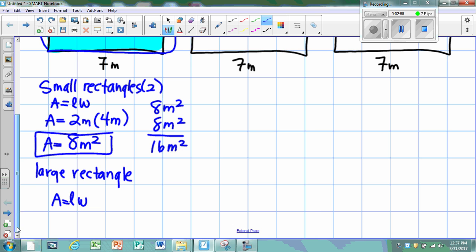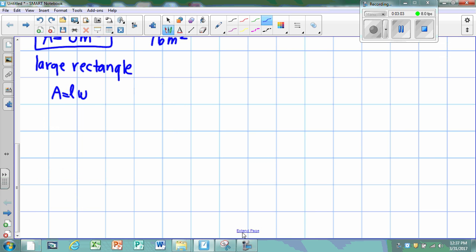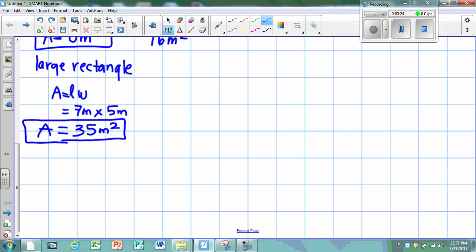So if we go down here and we put in our values, the area equals length times width. We know the length was 7 meters, and the width was 5 meters, which means our area here is 35 meters squared for that middle area.